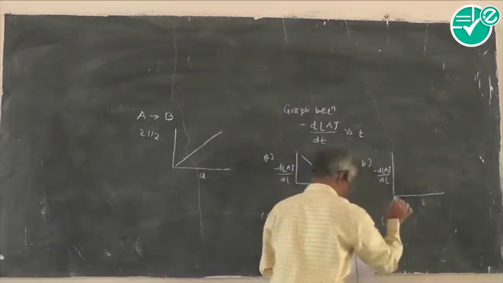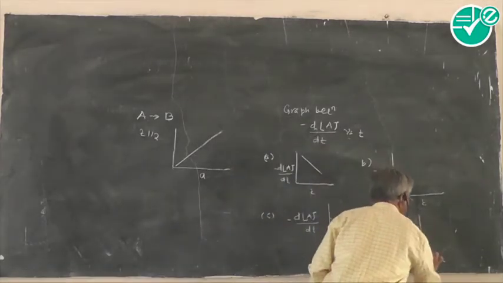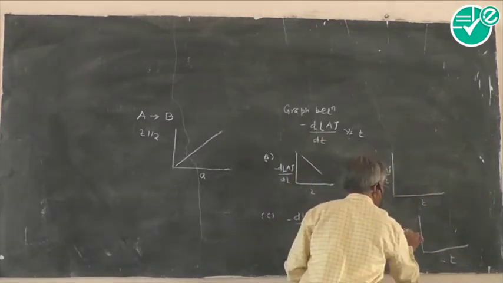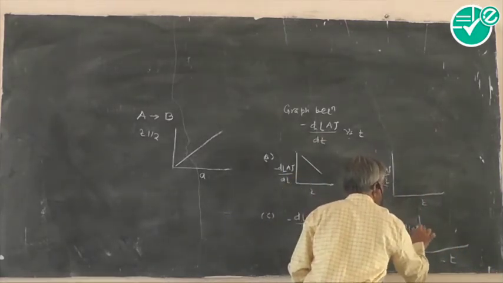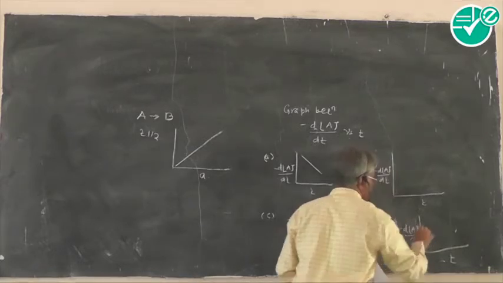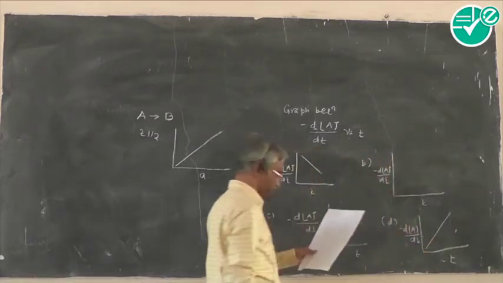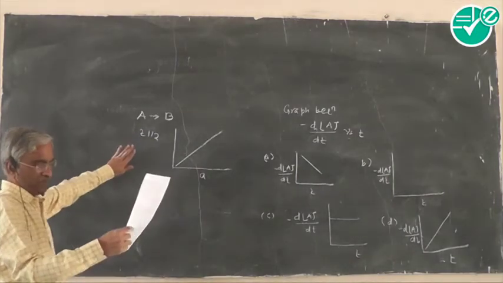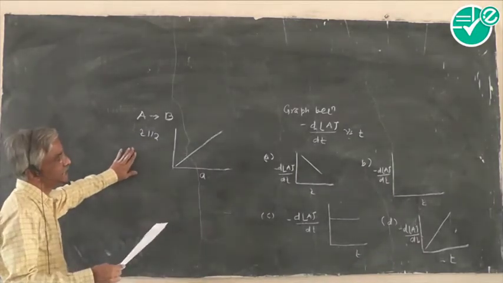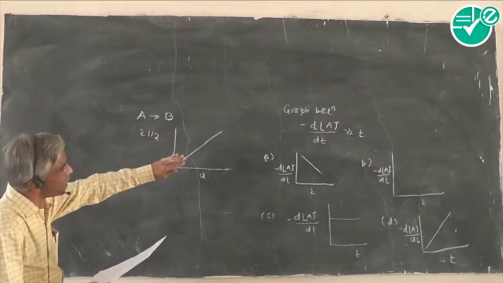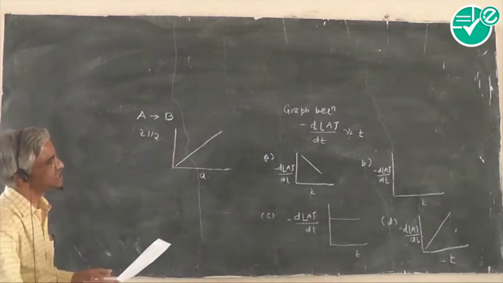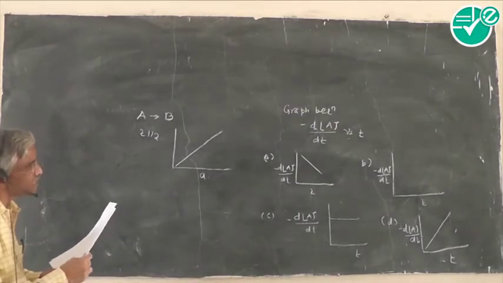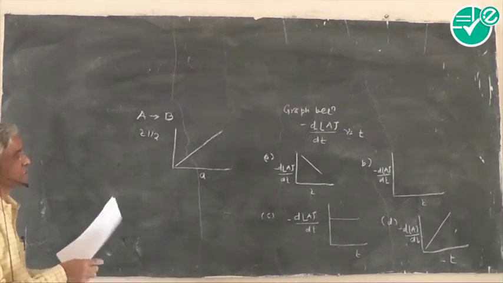And the last alternative is given like this, t versus minus d[A]/dt. The graph is like this. For the graph which has been given here, they are asking for the graph between the rate of change of concentration of A with respect to time versus the time.